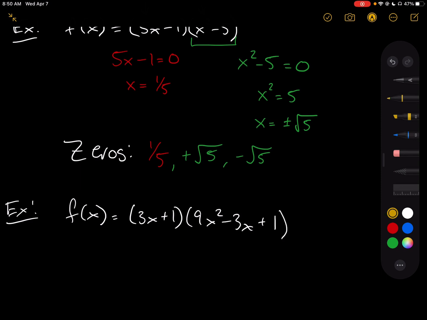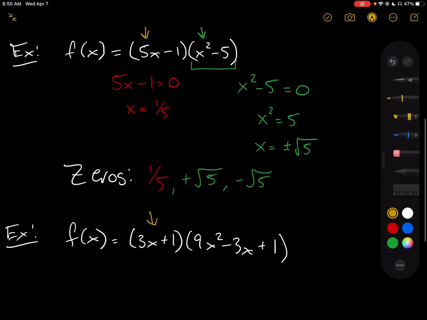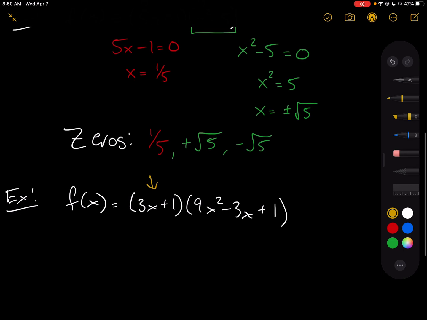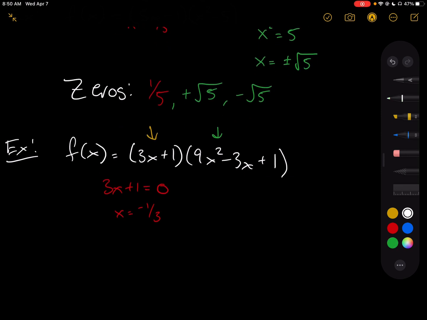So again, there's only a single linear factor here, 3x plus 1, which will relate to the zero negative 1/3. But we've also got this quadratic here, and that one can't be solved as simply as in the previous problem. This one we'd have to use the quadratic formula on. So I'll run through that real quick.